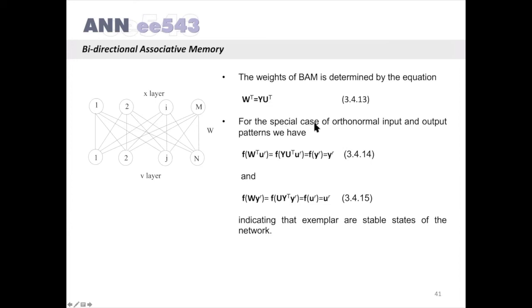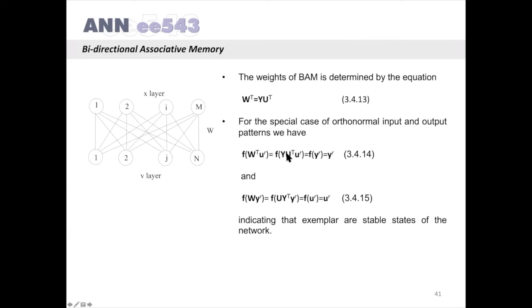For the special case of orthonormal input and output patterns, we have the F function, the sign function, applied on W transpose UR is equal to F applied on, instead of W transpose, we are writing Y U transpose multiplied by UR. UR is one of the columns here.